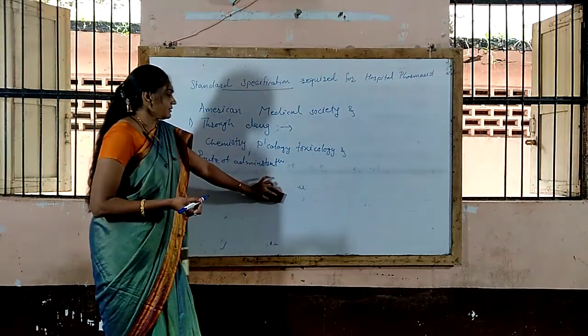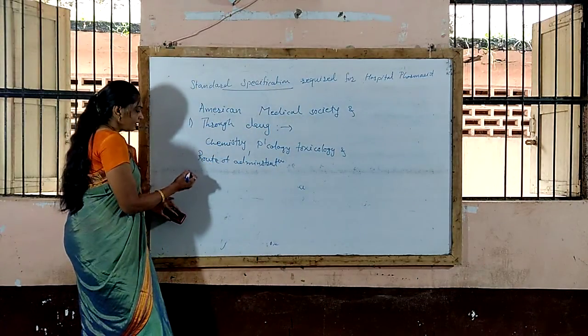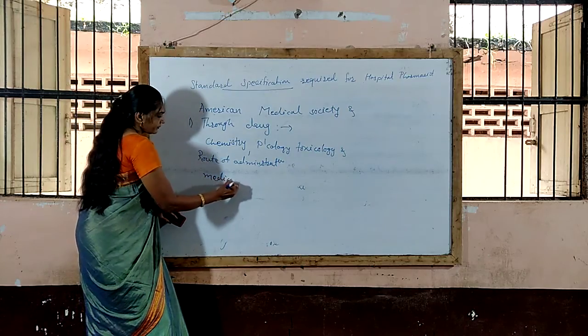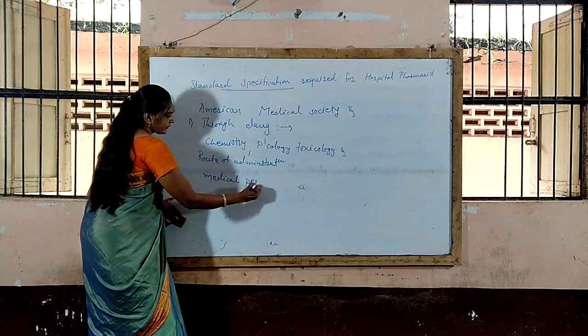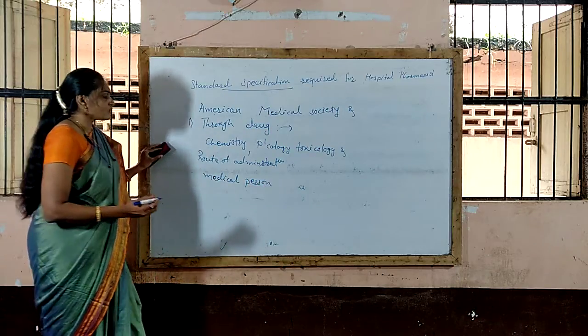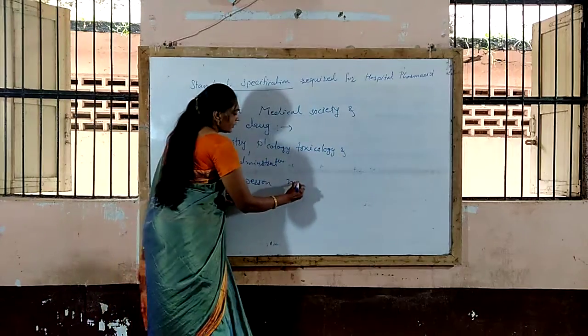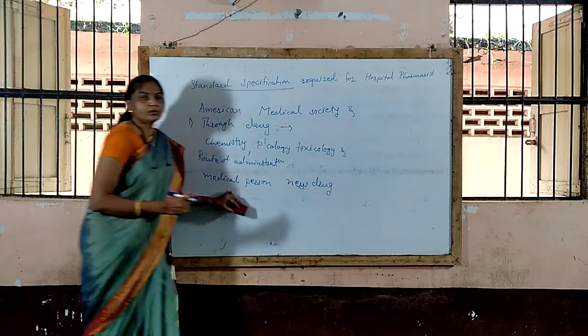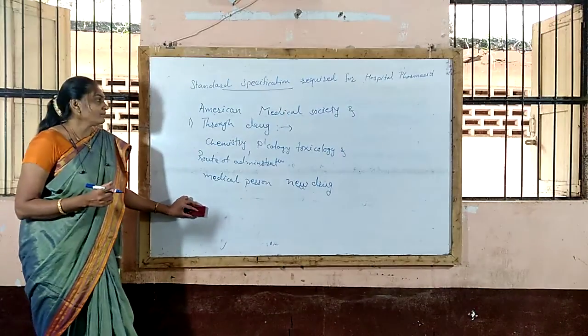Along with this, he must involve along with the medical person. He must be in contact with the medical person so that new drug investigation must be carried out inside the hospital pharmacy.